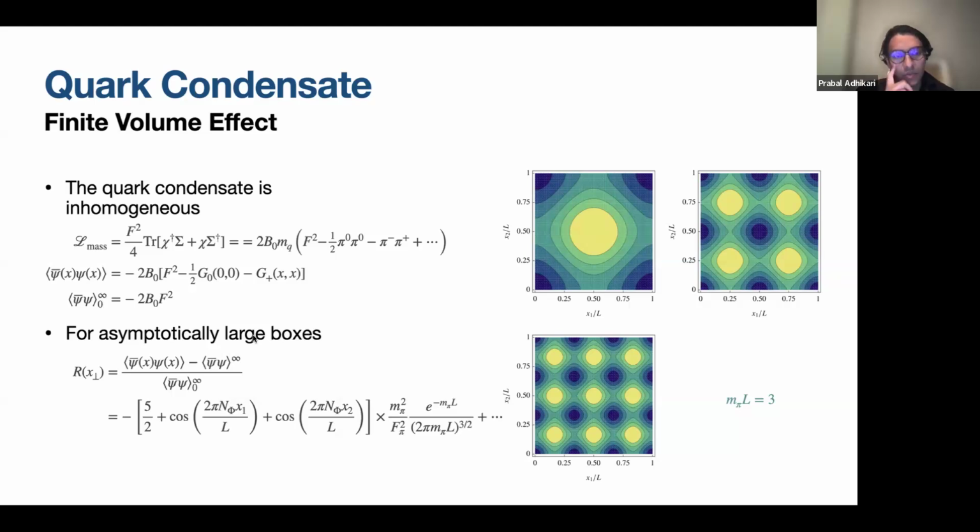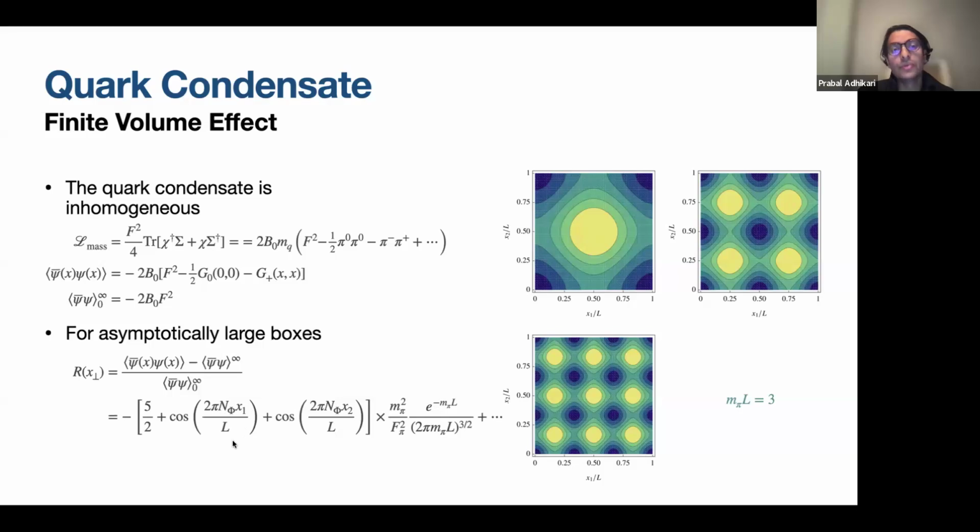For large boxes, one can take the asymptotic limit. So in effect, you're taking the fixed flux scenario and making the box larger, which means the magnetic field is becoming weaker. And in doing so, you'll see the periodic structure arising from these cosines. So if n phi is 1, the solution repeats once.